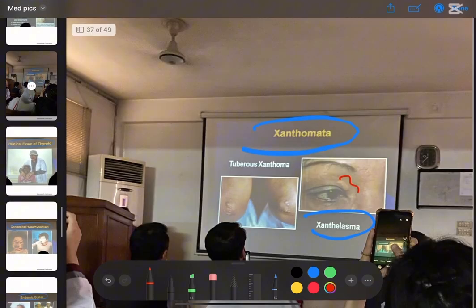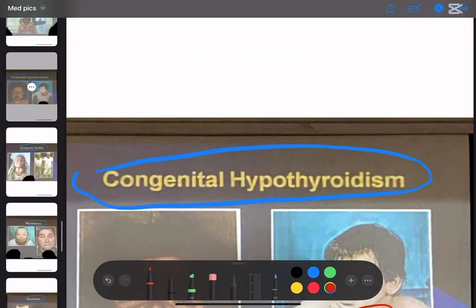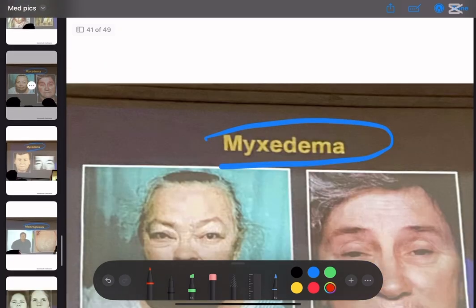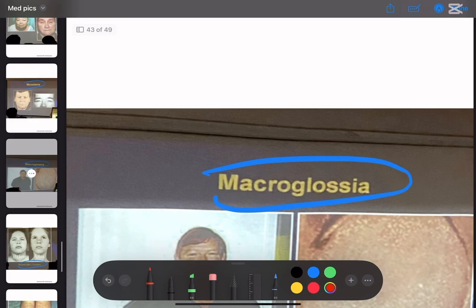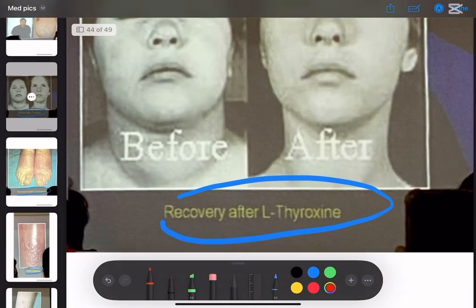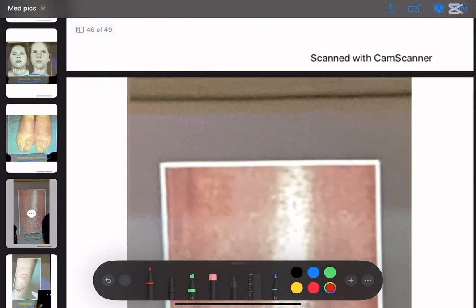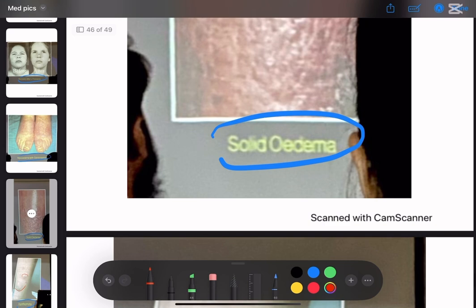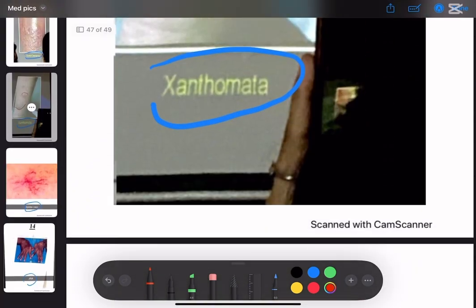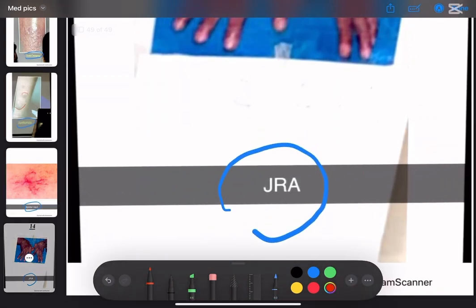This is xanthomata. This is examination of thyroid. This is congenital hypothyroidism. This is endemic goiter. This is eczema. This is microglossia, and this is recovery after L-thyroxine. This is eczema with carotenemia. This is solid edema. This is xanthomata. This is spider nevi, and this is juvenile rheumatoid arthritis.